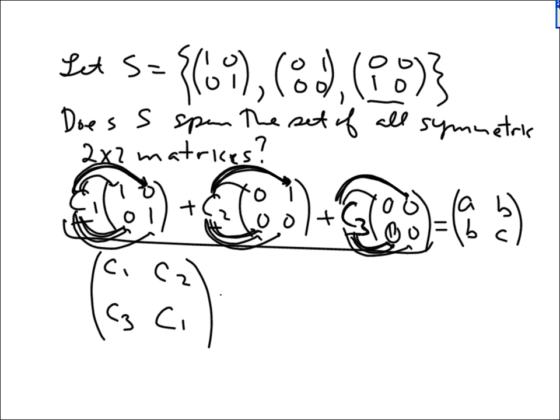Now, there's only one way this is going to be A, B, B, C. There's only one way that's going to happen.